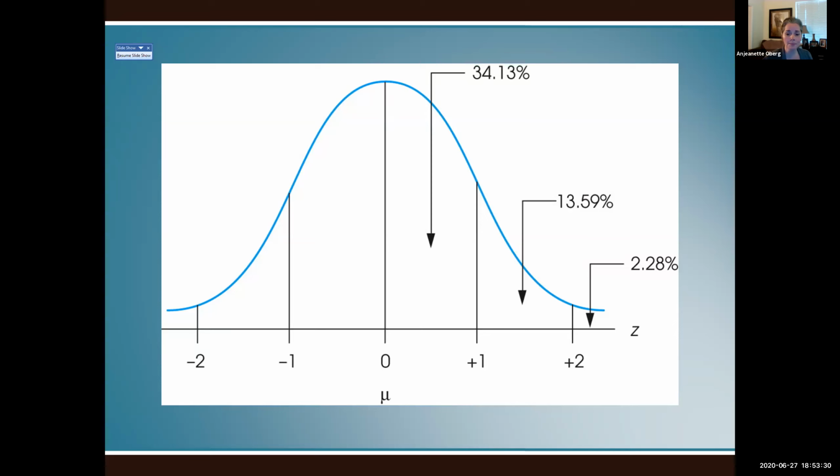We know that those specific patterns are always existent, where the mean is 0, standard deviation is 1, and so for the piece of the pie between 0 and 1, it's 34.13%. Then for the piece of the pie between 1 and 2, it's 13.59%.